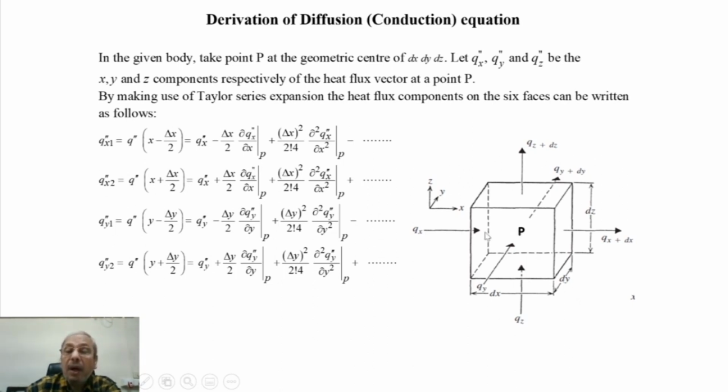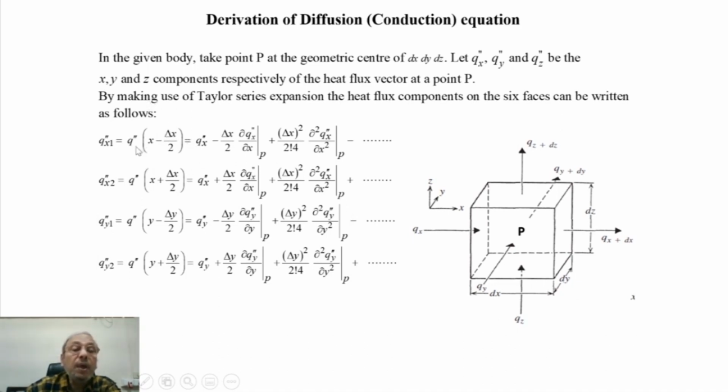Now at a distance minus delta x by 2, we consider heat flux on this left surface, qx1 double prime, which is given by Taylor series expansion.